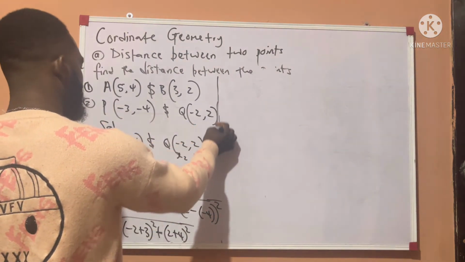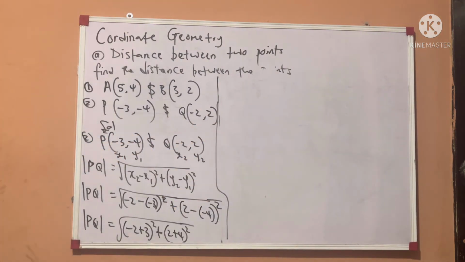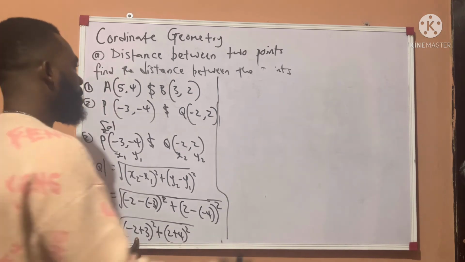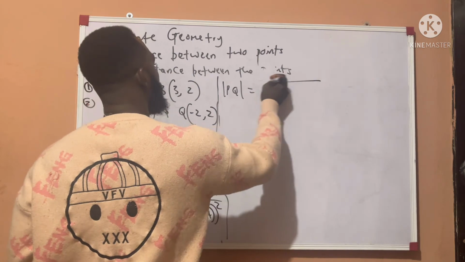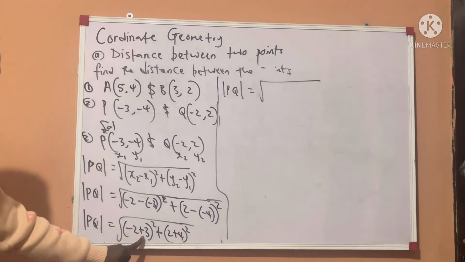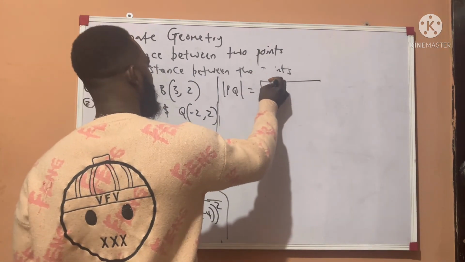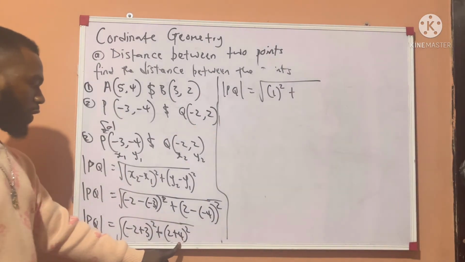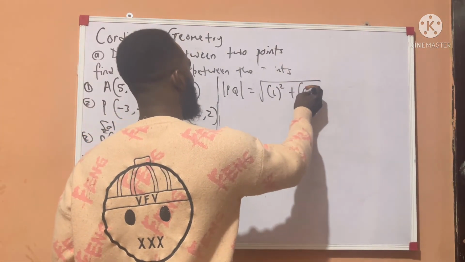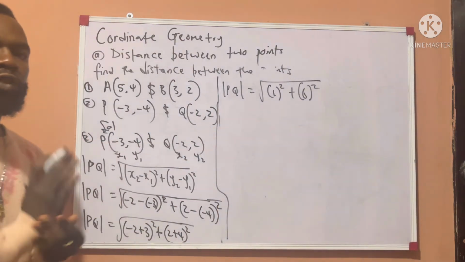Alright, and let's proceed. Without wasting time, the distance between P and Q becomes the square root of minus 2 plus 3, which gives us a positive 1, raised to the power of 2, plus 2 plus 4, which gives us 6, raised to the power of 2.